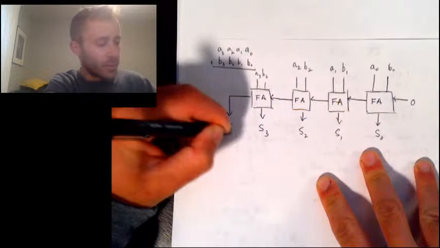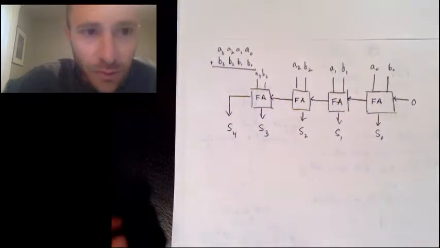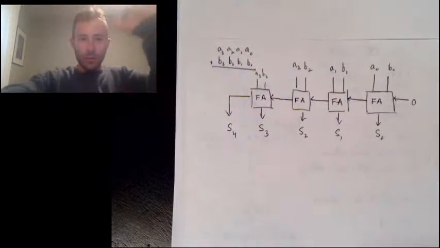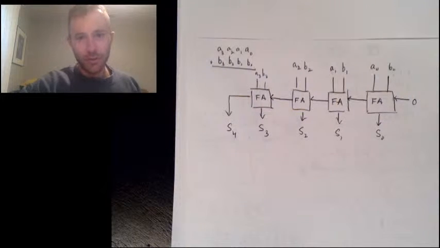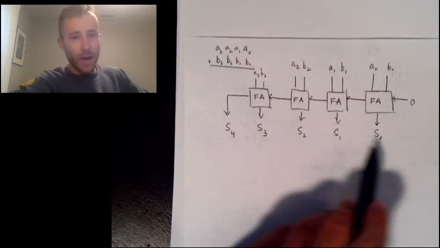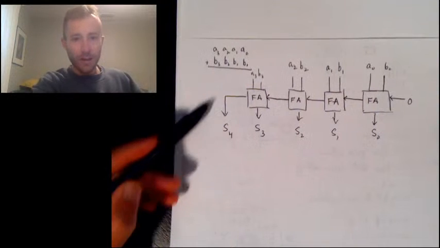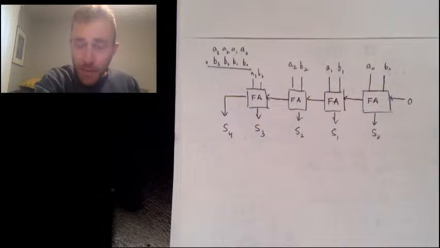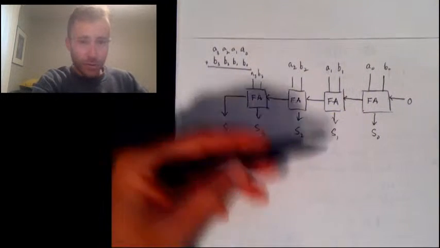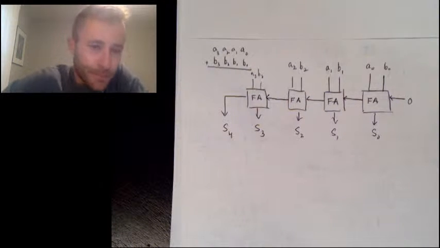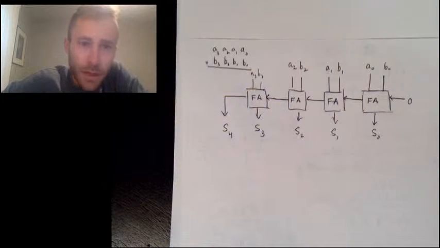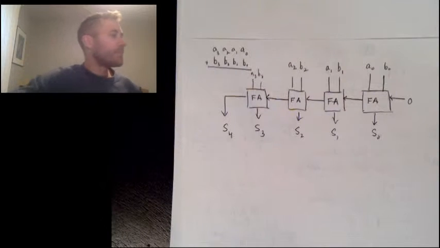When you add two 4-bit integers together, the result could have 5 bits depending on what the last carry is. So this is one of the ways your computer might implement addition in hardware. I think that's kind of cool to think about.